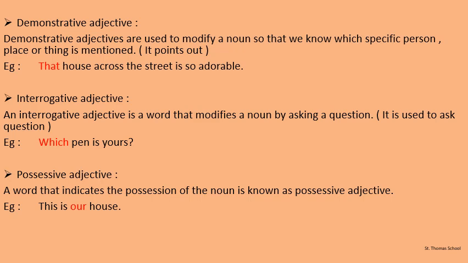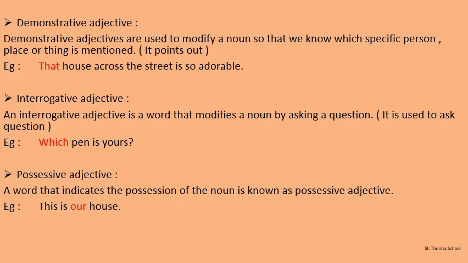Next one, possessive adjective. A word that indicates the possession of the noun is known as a possessive adjective. So the word which is used to show the belongingness of anything to the noun is known as a possessive adjective.